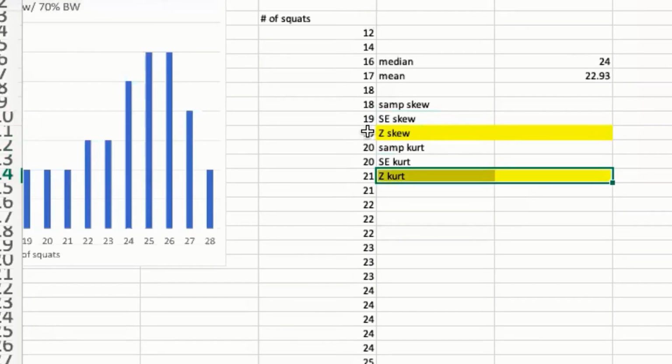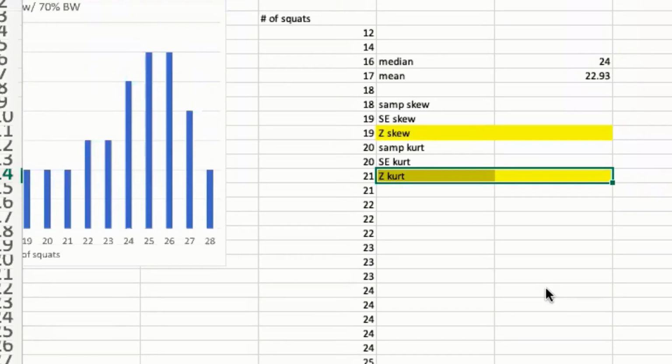Remember in SPSS, if you're using either the frequencies analysis or the explore analysis to get your skewness and kurtosis values, it will give you the sample values and the standard errors of skew and curt, but it won't give you the Z-score. There were several Activity 2 papers that I graded where I asked you to provide a list of descriptive statistics, and some of you copied and pasted directly from SPSS but forgot to calculate the Z skew and Z curt values.